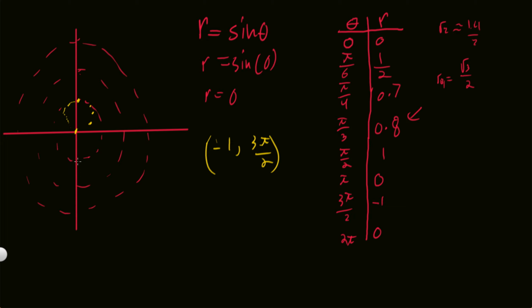So the angle is right here, but it's negative 1. So instead of being at 270 and going 1, which would be here, we go negative 1, so we go the opposite way. So it would be right here. Notice how it's the same point. So it's just going to keep repeating itself from now. So now we're done drawing the graph. It would be something like this.